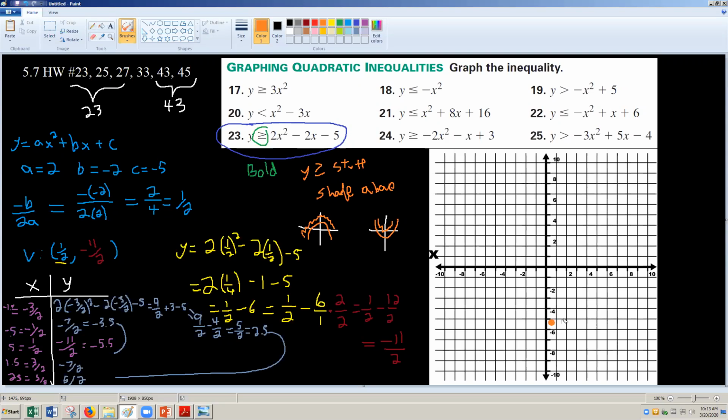And then I'm going to go one to the right here, and I end up being at -3.5, something like that. And then I go one more point to the right to approximately here. And then again, reflected symmetrically. So we've got our other point here and our other point here.